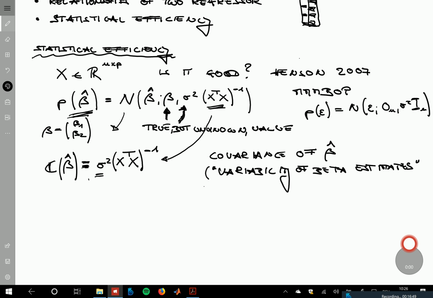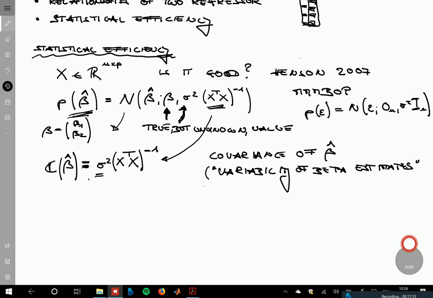And now the criterion that Hansen proposed, and that is actually used, I think this is also used a little bit in the Thomas Liu work on optimizing design, is to say, okay, this variability of the estimates, this is something that we should try to minimize.